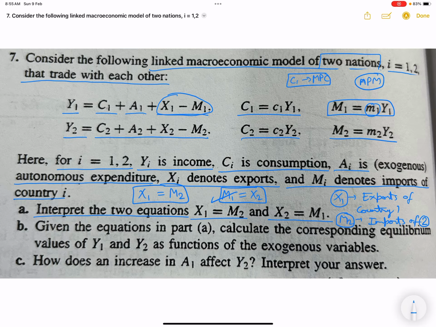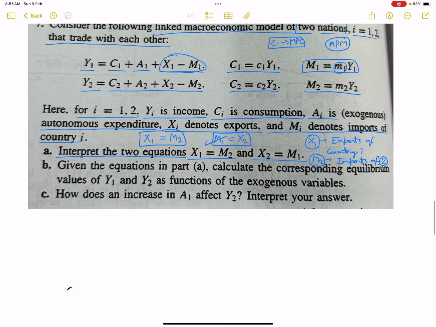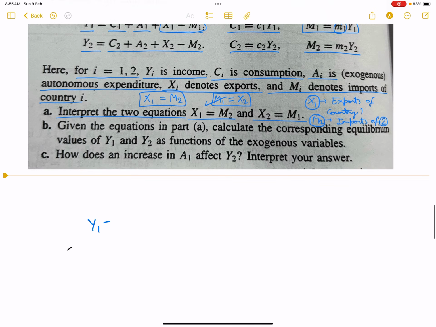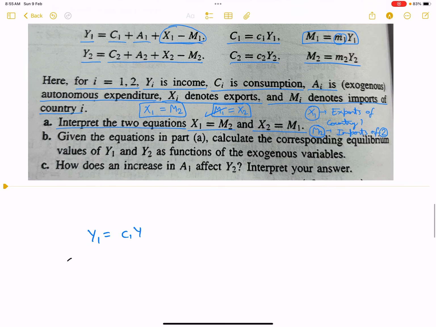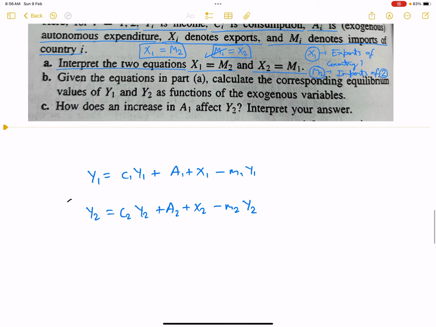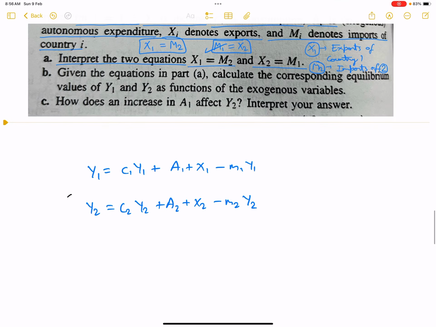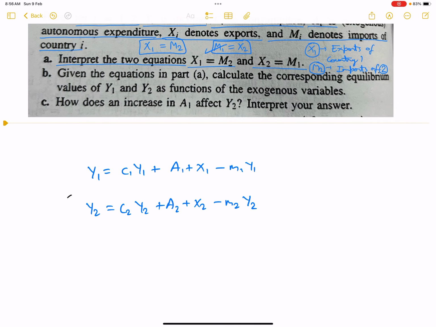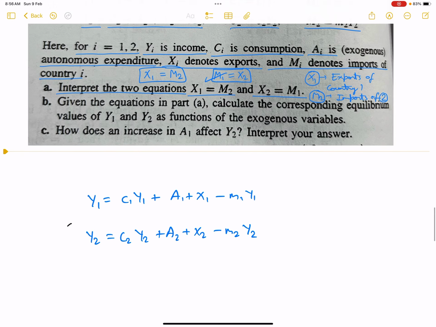Now y1 is c1 y1 plus a1, which is exogenous, plus x1, which is also exogenous, minus m1 y1, and y2 can be similarly written as c2 y2 plus a2 plus x2 minus m2 y2. So we have got these equations. This is the system of equations that we have found.